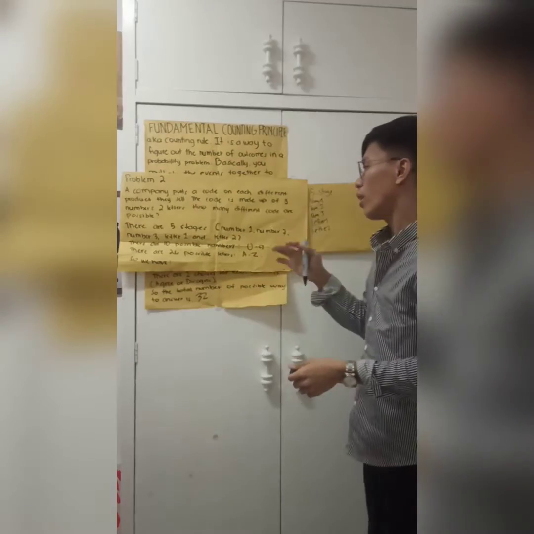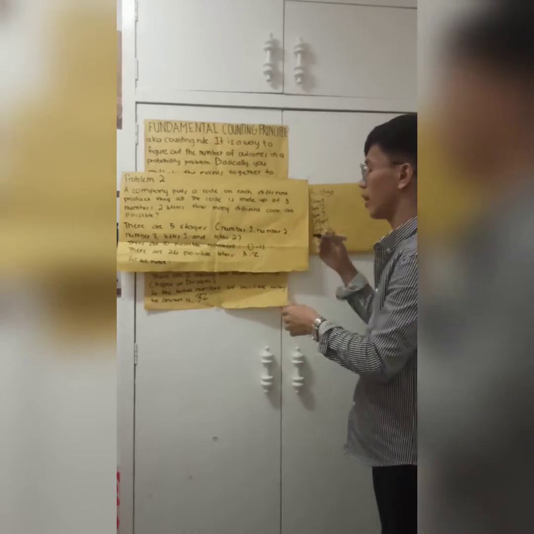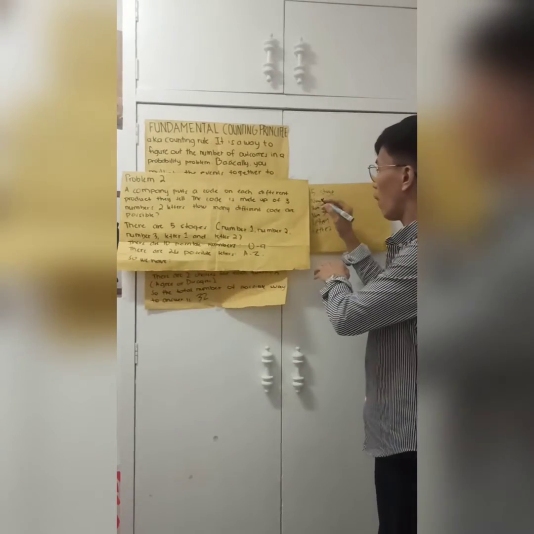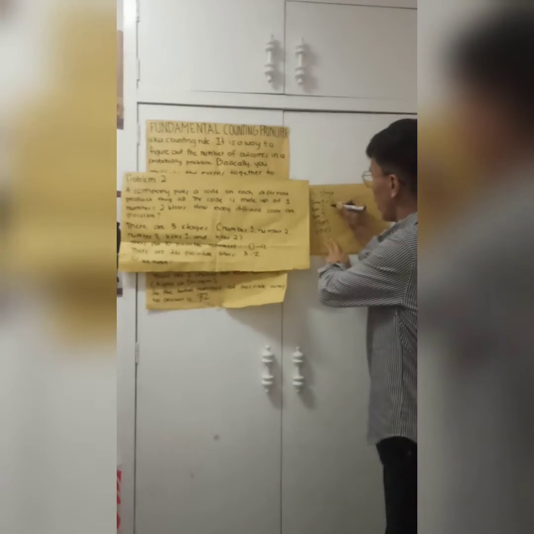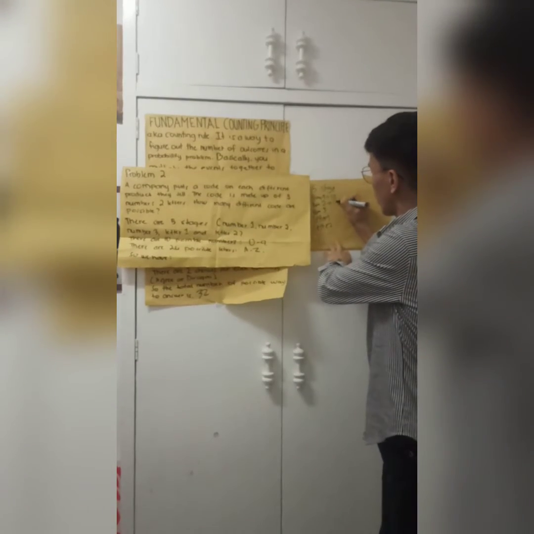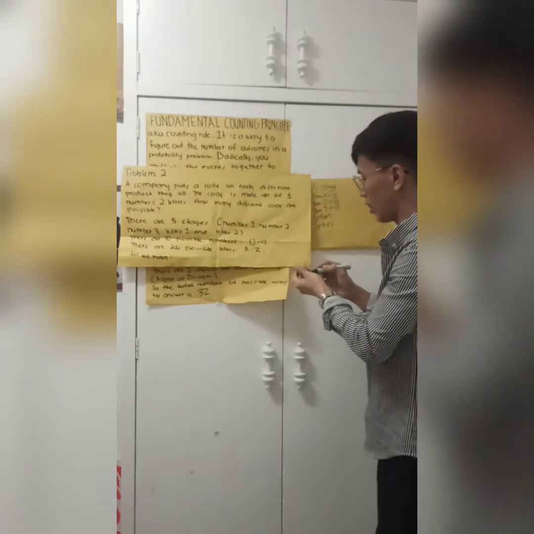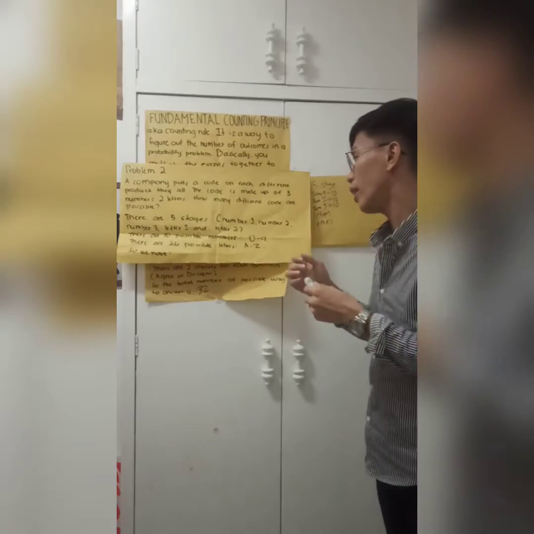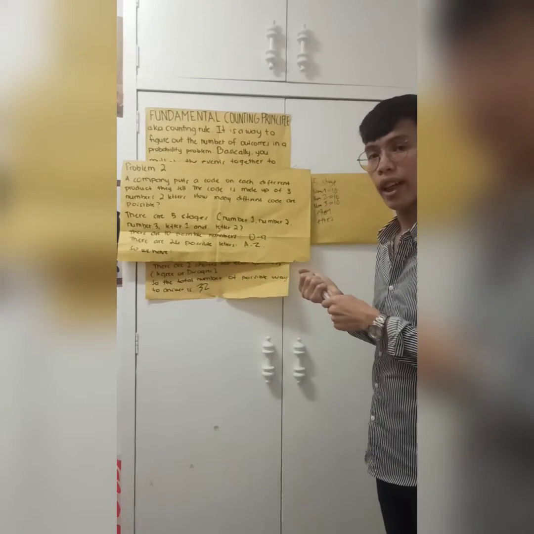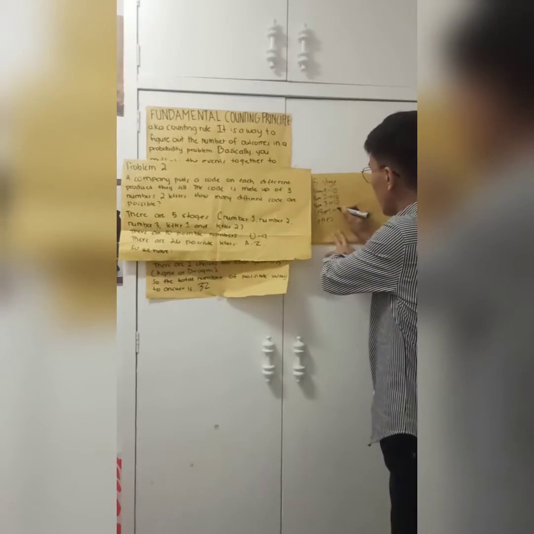There are 10 possible numbers, 0 to 9, so our number 1 is 10, our number 2 is 10, number 3 is 10. And there are 26 possible letters, A to Z. So, 26.